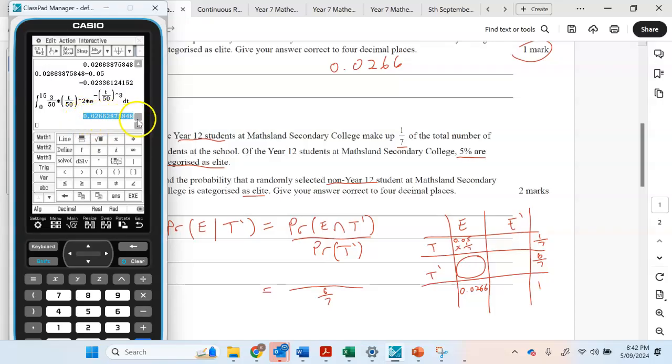So if we can just subtract the 0.05 times 1/7, and we get 0.0195. All right, so we're just going to put that up the top there.